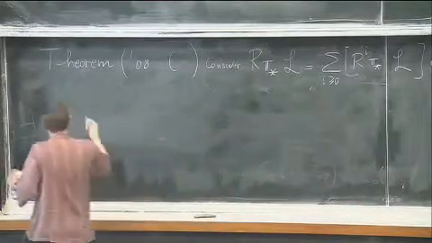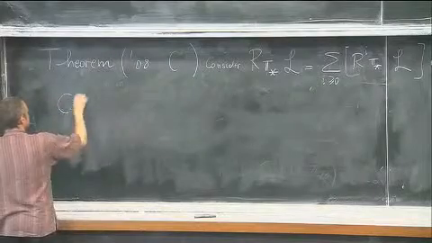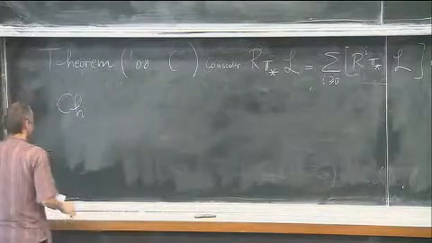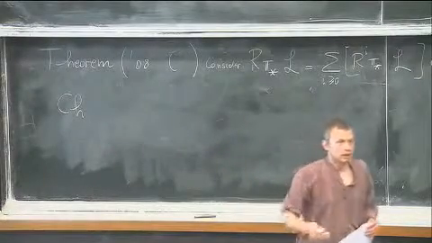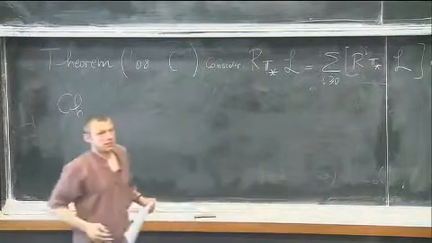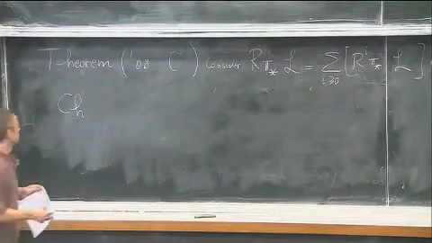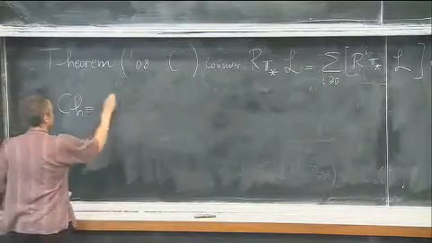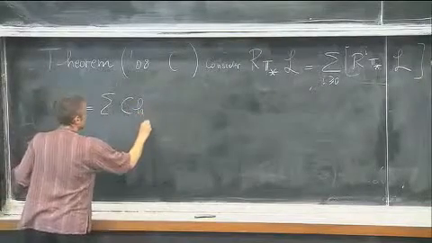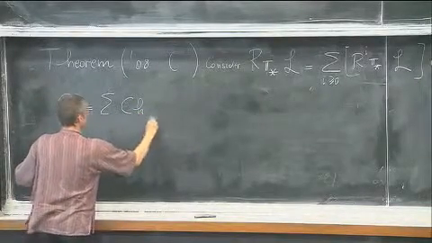And now, as such, I can compute the Chern character. So the Chern character is something that is in even cohomology and exists in each degree as a sum. I will express this Chern character as follows.